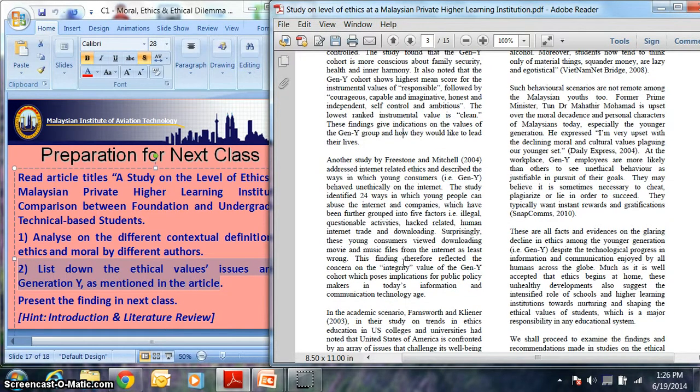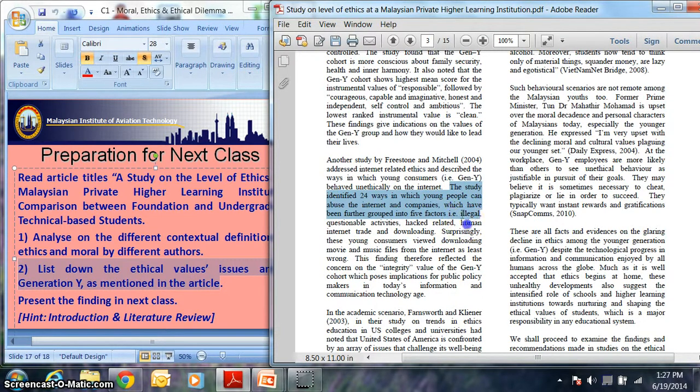Another study is from Freestone and Mitchell, which describes the ways in which young consumers behave unethically on the internet. The study identified 24 ways in which young people can abuse the internet, which were further grouped into 5 factors.